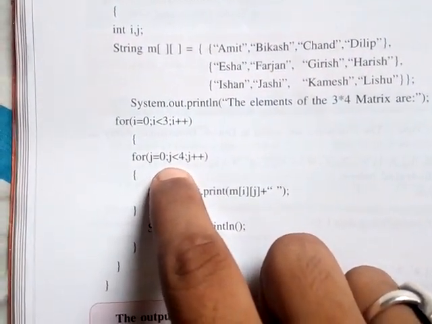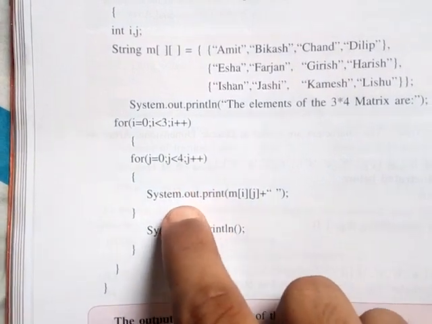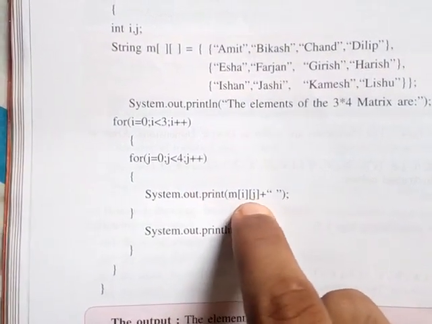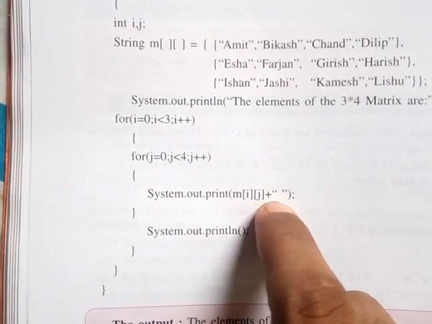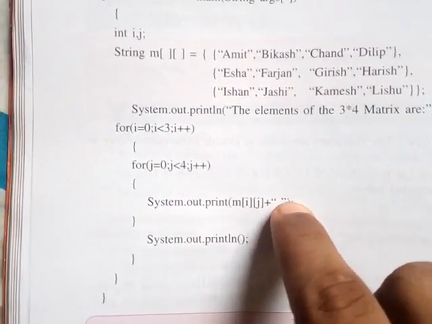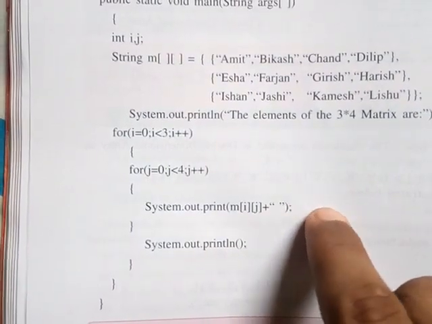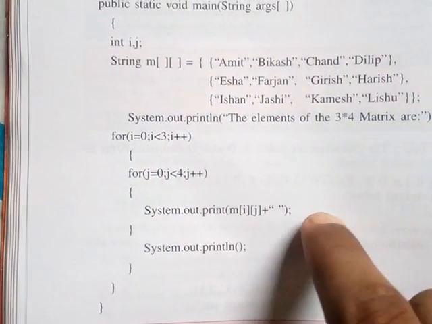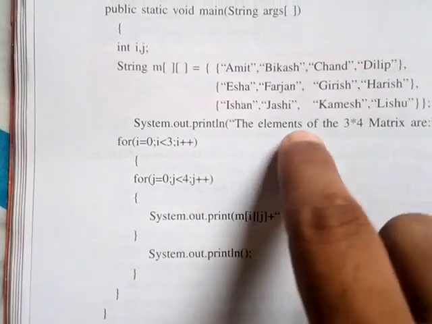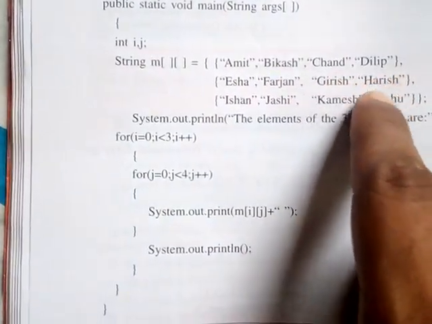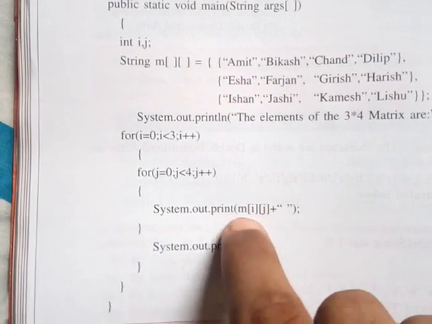So j equal to 0, j less than 4, j plus plus. System.out.print m[i][j], that means m[0][0] plus a gap, it will first print Amit. After printing Amit, it will leave one blank space. After that, the next name, Vikas, then Chand, then Dilip. After that, it will come to the new line.